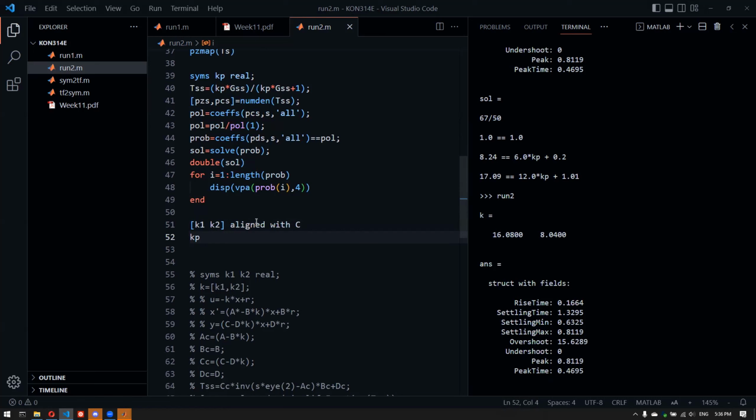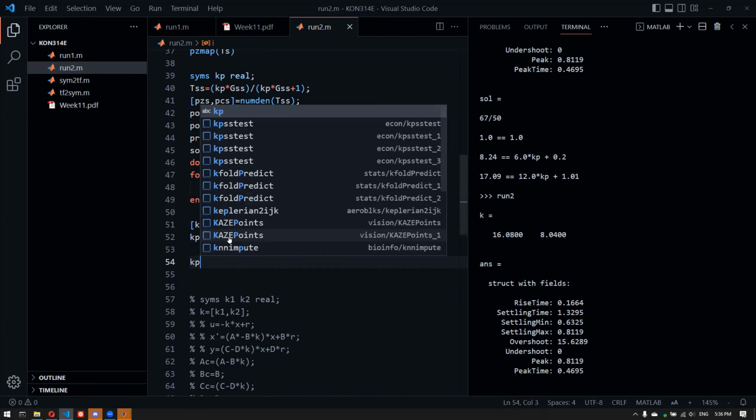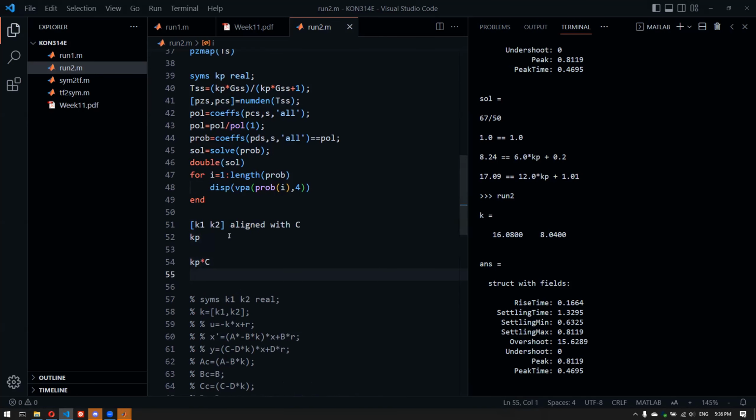If I can align this, I can do this with one parameter because there will be certain coefficients. So it would be Kp times C. Of course, K1 would be equal to Kp times C1, and K2 would be Kp times C2. But if it's not aligned with C, if I cannot do this, then I cannot assign it. Then it's not on the root locus.